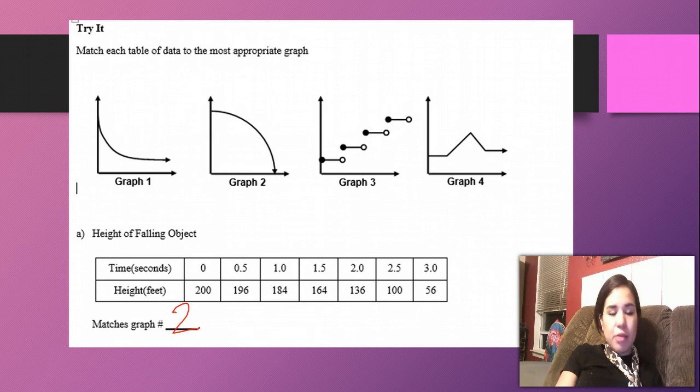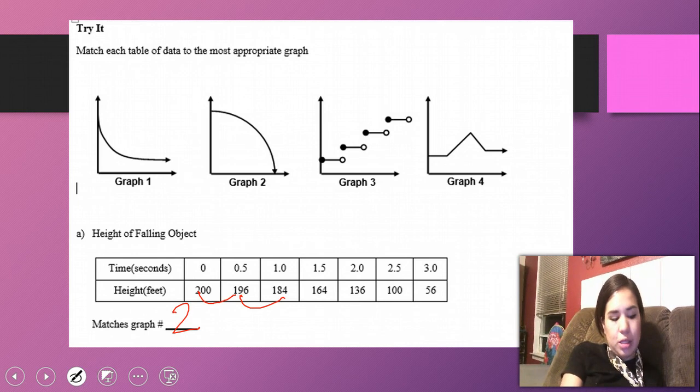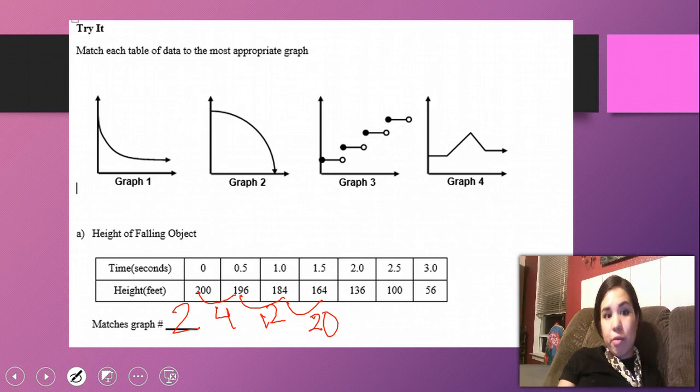Why? Because if you look at the first one, it does say it's decreasing, but look at the way it's decreasing. If you start looking at the changes here, the first change is only by a little bit. It's like 4. And then it changes a little bit more, so a little bit more than 10, which is actually a change of 12. And then it's about 20. So every time the change is bigger, so it's becoming smaller faster.